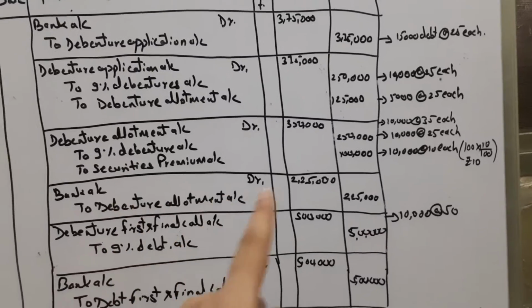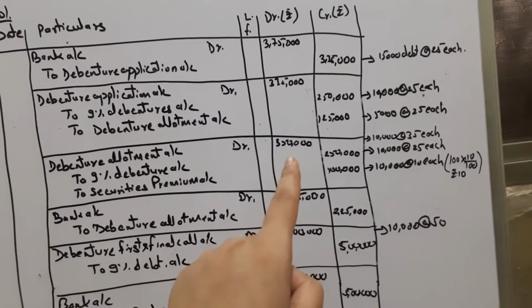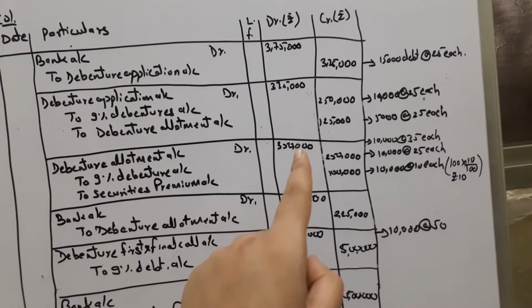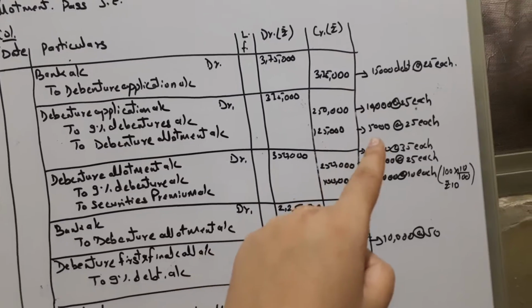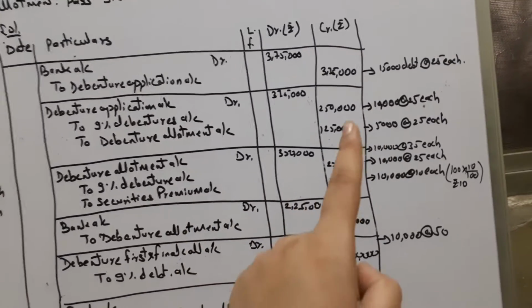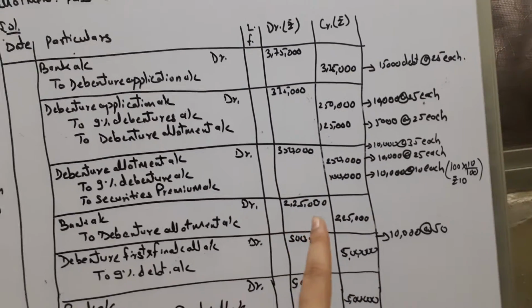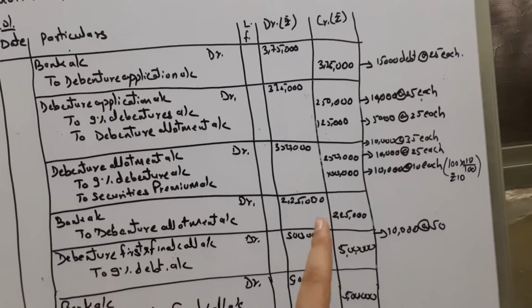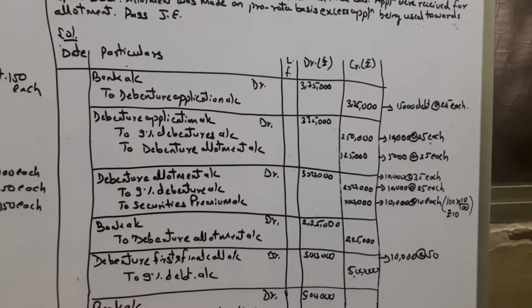So in this bank account you have to enter 2,25,000. 3,50,000 is the actual allotment due, out of which we initially received some excess amount. This excess amount has to be adjusted with allotment. That means we will deduct this 1,25,000 from 3,50,000. The remaining amount will be reflected in the debentures allotment account. So till here all our adjustments have been made for the excess application.